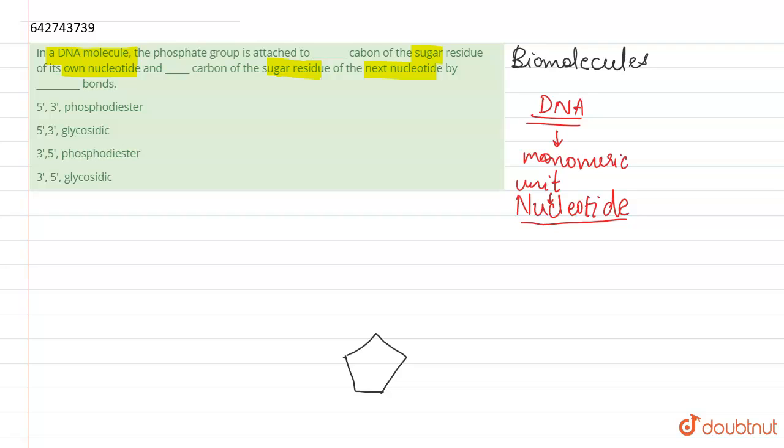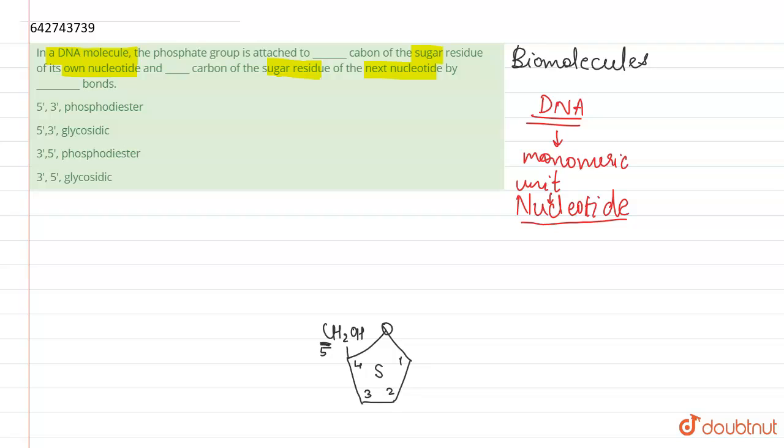So a nucleotide is made up of three components. It's a sugar, nitrogen base, and phosphate group. So this is the sugar. When you talk about the pentose sugar, carbon, this is oxygen here, carbon number 1, 2, 3, 4, and outside there is CH2OH, means the fifth carbon is here.